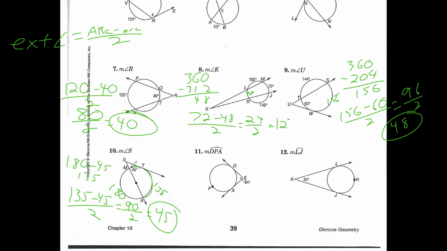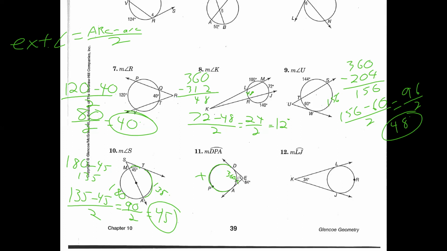So I'm going to label this arc as X. The other smaller arc there, I don't have a measure for that one either. But I do know that the entire circle is what? 360. So I can say that this little piece is represented as 360 minus X. So now I can plug into my equation.